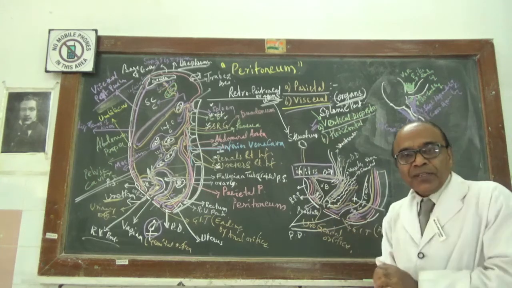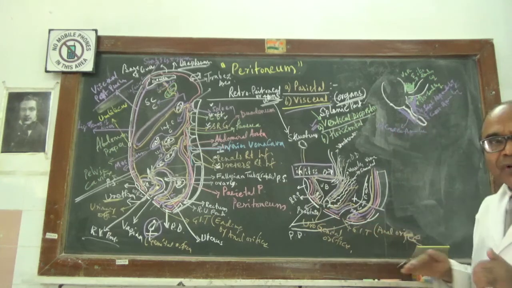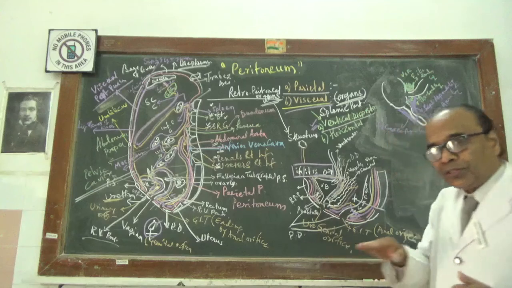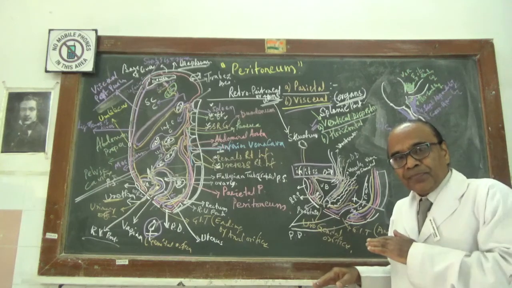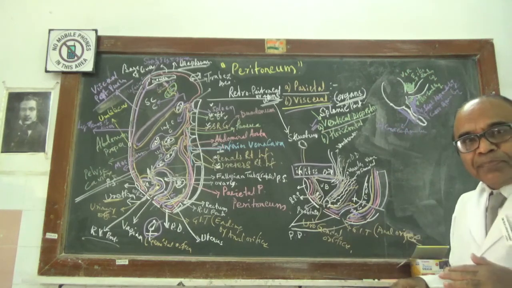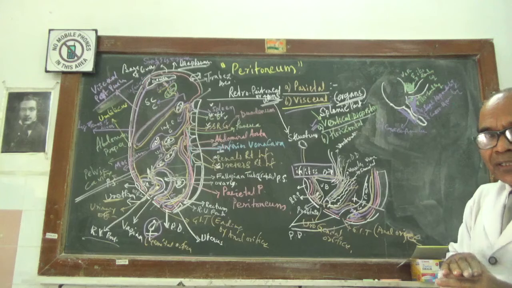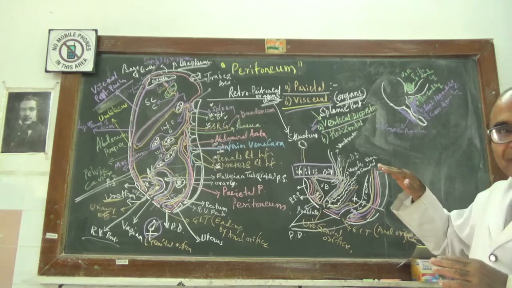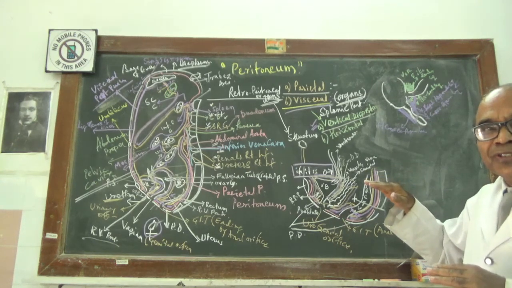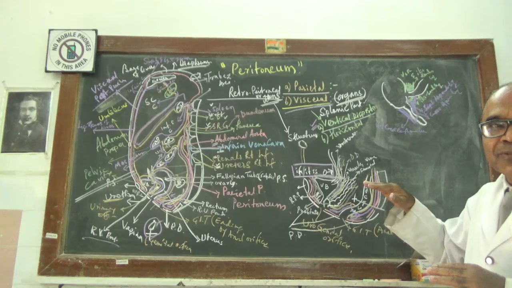It forms the mesosalpinx. That mesosalpinx does not run straight vertically up, but runs upwards and then backwards. So it is a vertical disposition, which is said to be what?